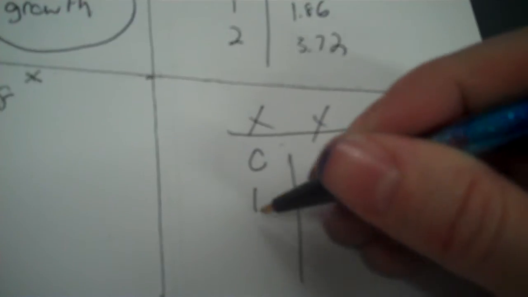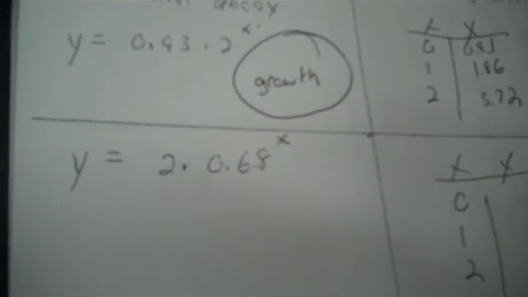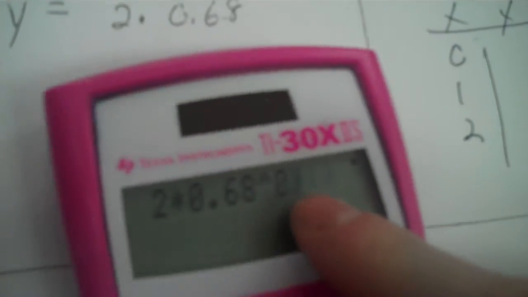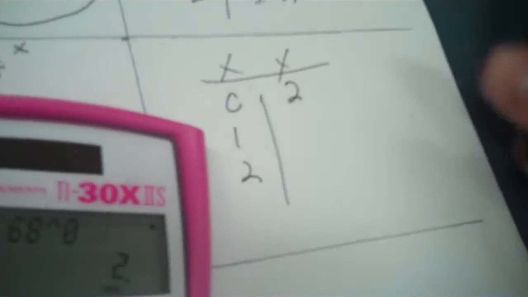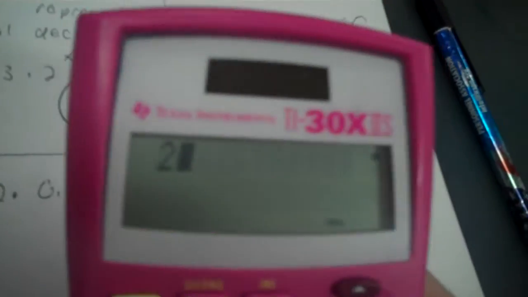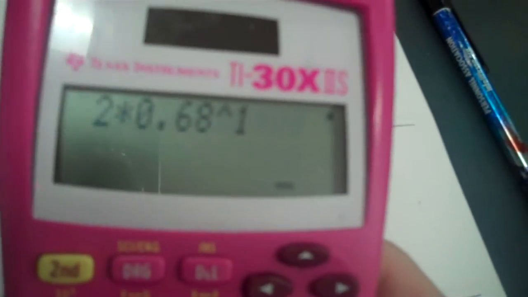Now let's look at this one. Okay, the first one's going to be 2. How do I know that? Because anything to the power of 0 is 1, but you're taking the 1 times the 2, so that would be 2. Now 2 times 0.68 to the first power is just 2 times 0.68, 1.36.